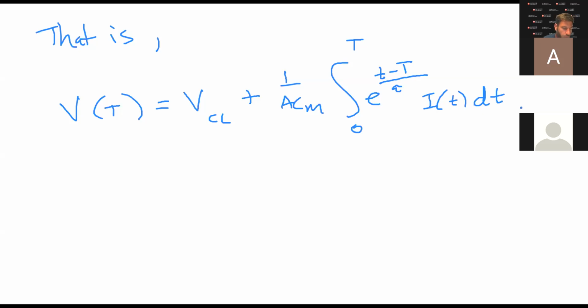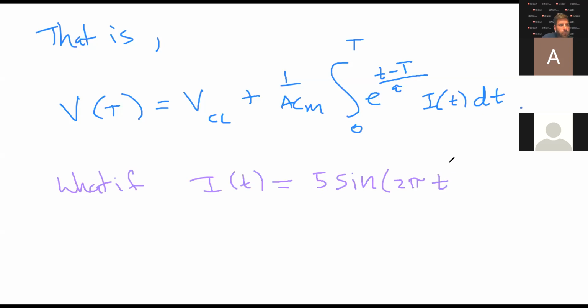Okay, so in problem 3, we did 2 last week. In problem 3, we want I to change. What if, and I gave you the following specific case, I is 5 sine of 2 pi t.